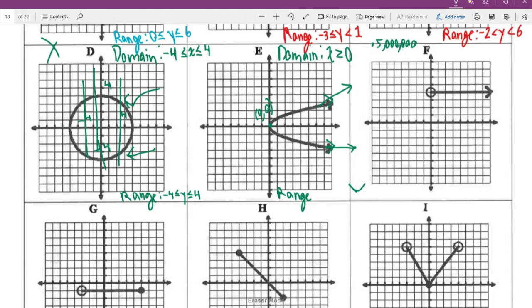So it truly goes on forever. So to show that, we say that the range is all real numbers. We can do an R just like this. So if we do the vertical line test, we see that it fails, so it's not a function.